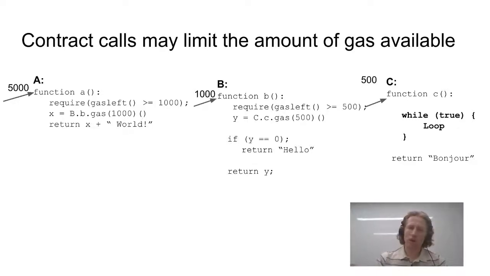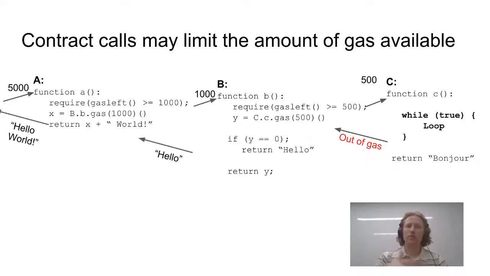Now notice that contract C has an infinite loop, so it's going to burn all of that gas. No matter how much gas was passed in, it would eventually burn it all up and have an out of gas exception. But since B only passed 500 units of gas onto contract C, B still has some gas remaining so that it can continue execution, return a result, and the entire transaction can still run successfully.